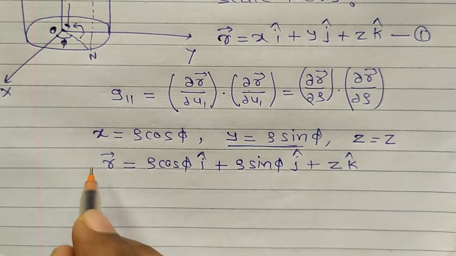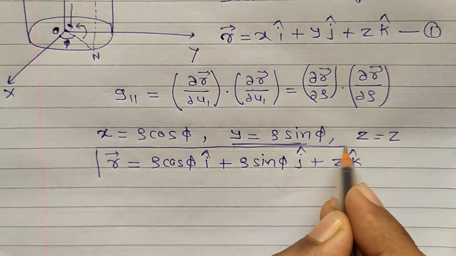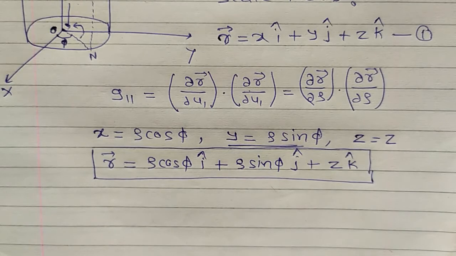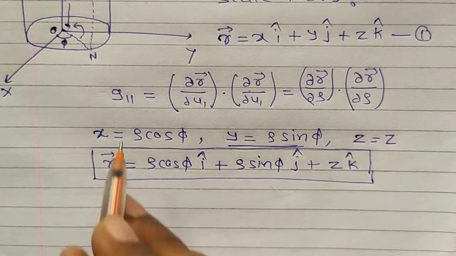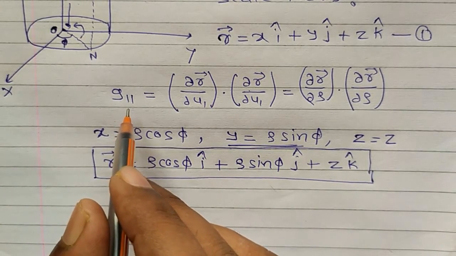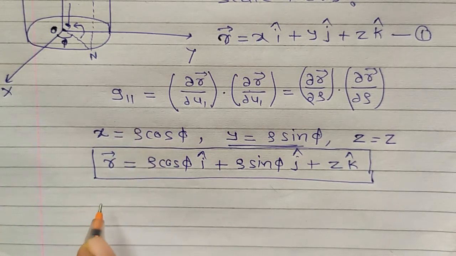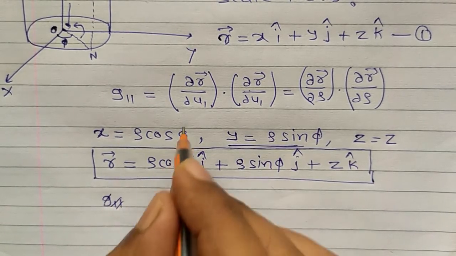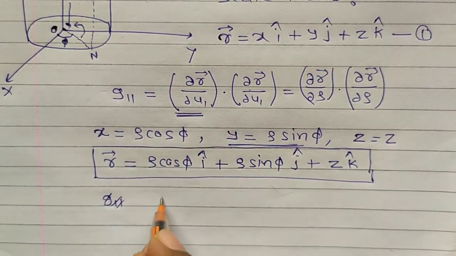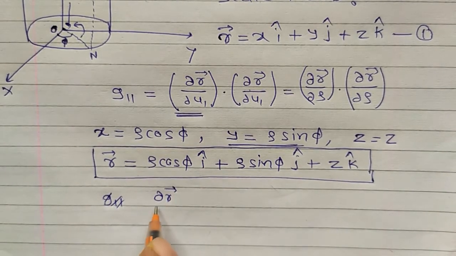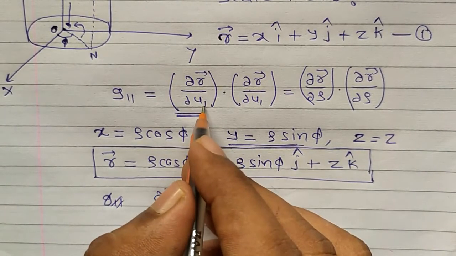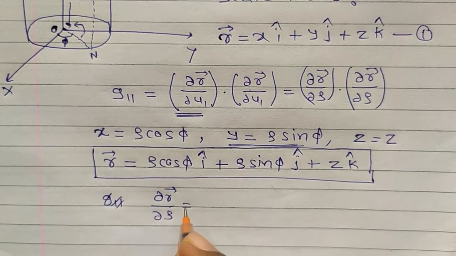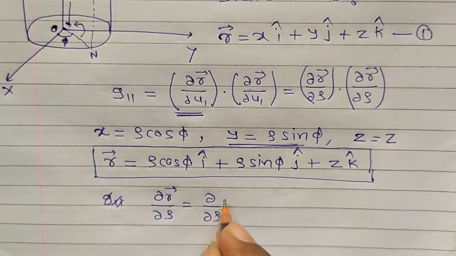So I got the expression for R bar in the cylindrical coordinate system. I want to find the metric coefficients G11, G22 and G33. First I will find G11, but in order to find G11 I need to find this quantity, delta R bar by delta u1. u1 is rho, so delta R bar by delta rho. I will do it explicitly.